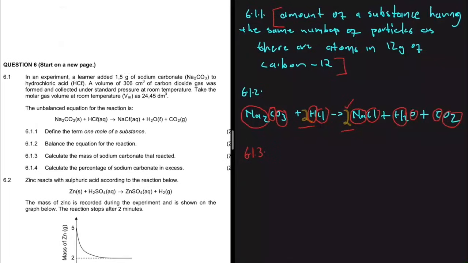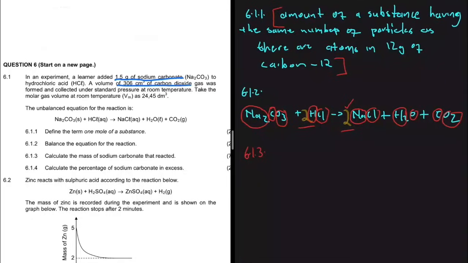We are told that in an experiment, a learner added 1.5 grams of sodium carbonate to hydrochloric acid. A volume of 306 centimeter cube of carbon dioxide was formed and collected under standard pressure at room temperature.